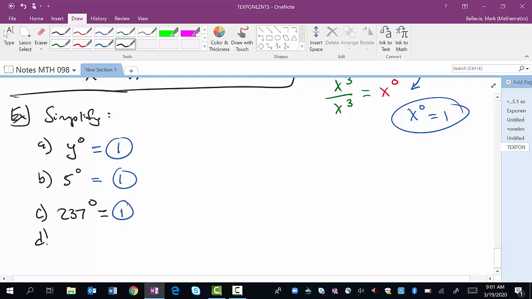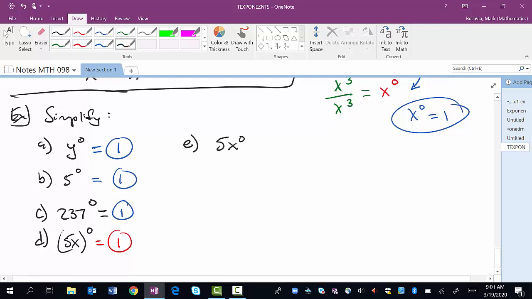I could write 5x and then in parentheses to the 0 power. Now keep an eye on this part. The base here is 5x, the whole thing, because it's in the parentheses. The whole thing is being raised to 0 power, so this whole thing equals still 1. That's different than if I wrote, for example, 5x to the 0 power.